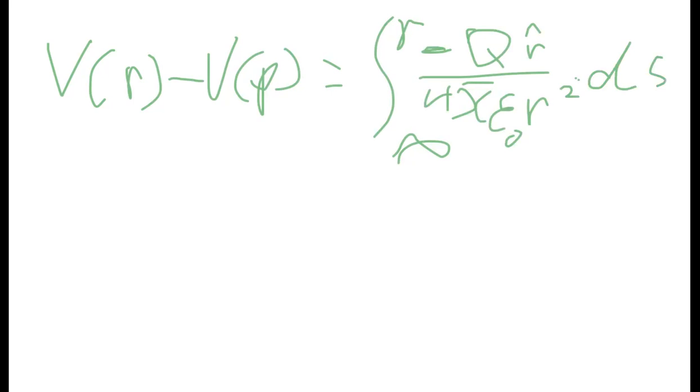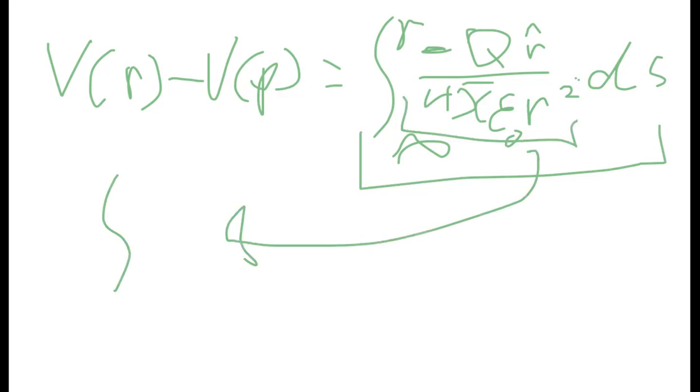So this integral might look hard to resolve because there's this little infinity on the bottom half, but this integral is actually entirely doable, right? So what's the indefinite integral of this thing with respect to R?